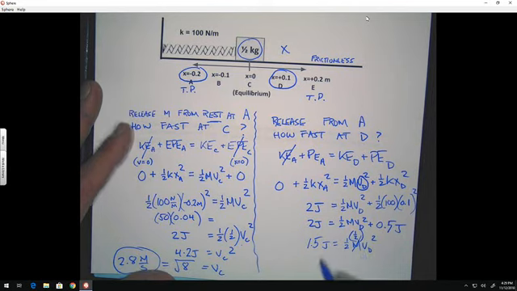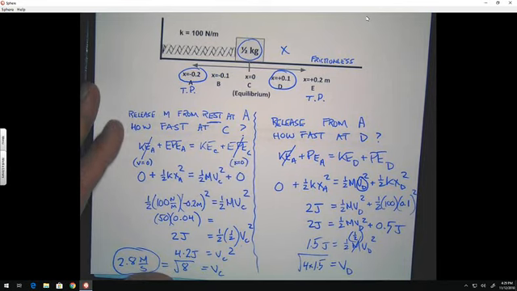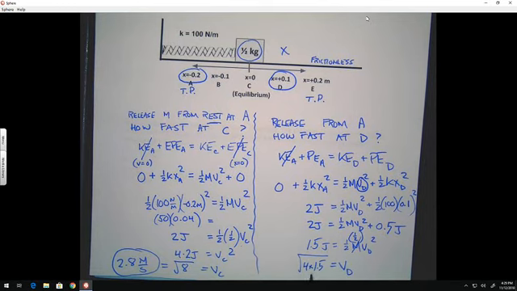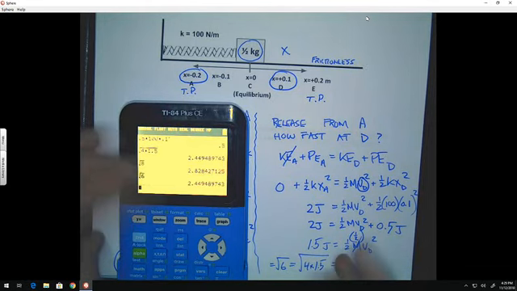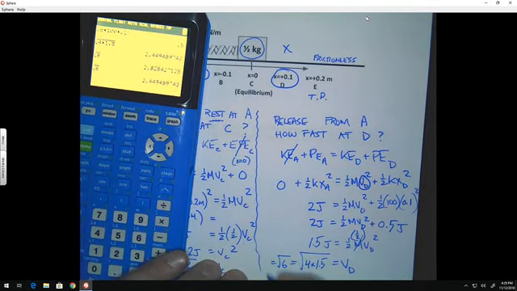So you'll have the square root of 4 times 1.5 equal to the velocity at D. 4 times 1.5 is 6, so this is the square root of 6, and that would be 2.4 meters per second.